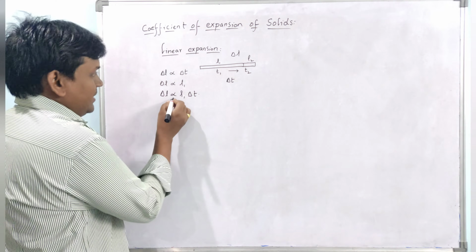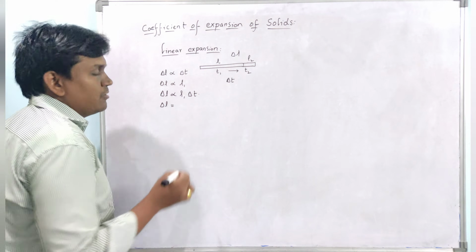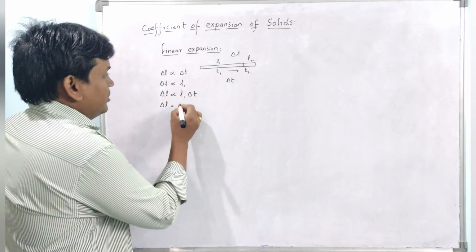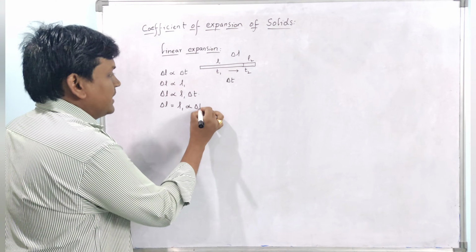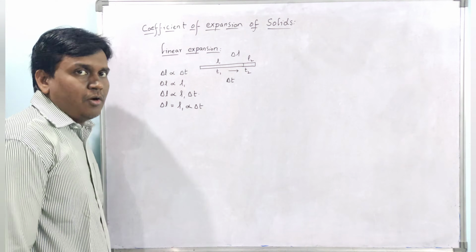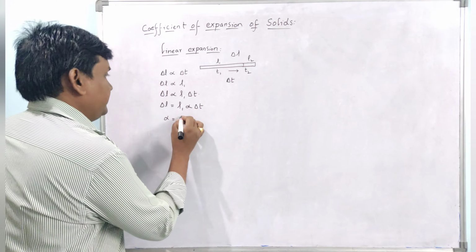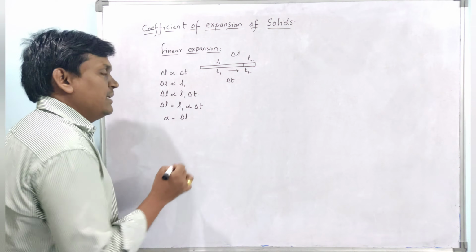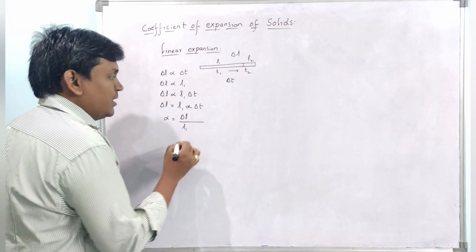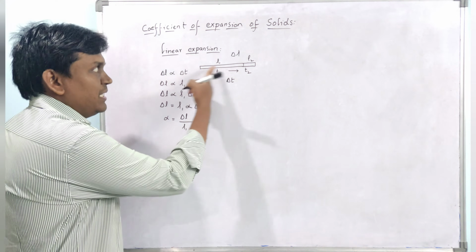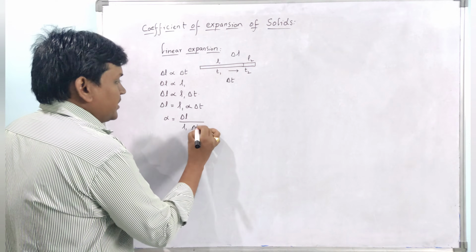And to make this an equality, we have to bring in a constant here. So delta L equals L1 alpha delta T. Here alpha is the constant, and alpha can be written as alpha equals delta L by L1 delta T, where L1 is the original length of the rod and delta T is the change in temperature.